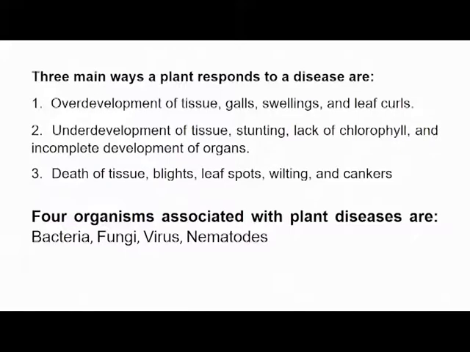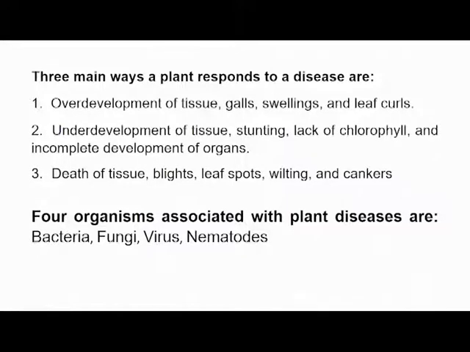How do you know that a plant is infected or attacked by a certain disease? You can only tell if you observe very well. There are ways by which a plant responds to a disease when it's infected.